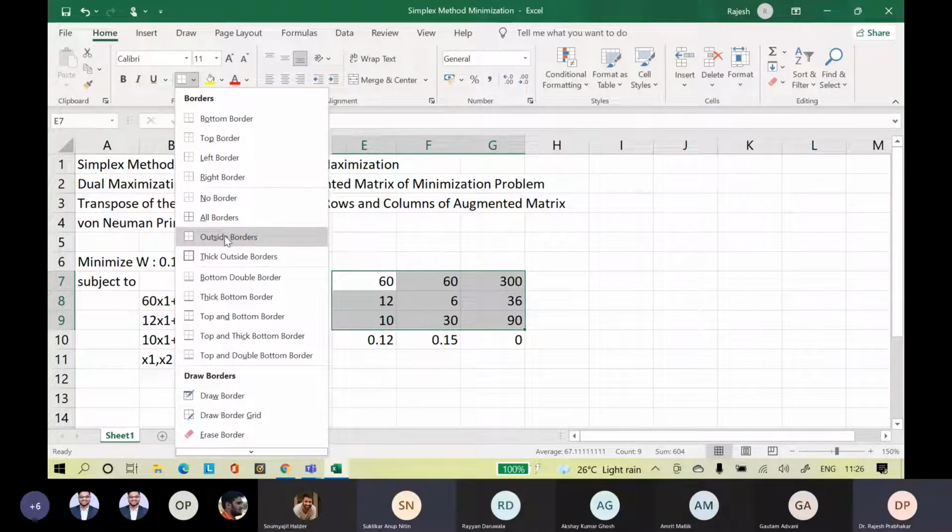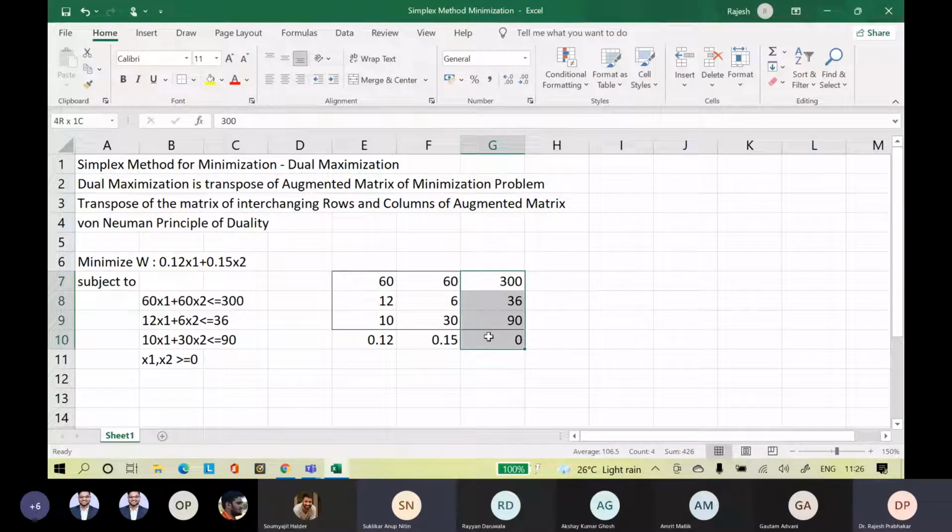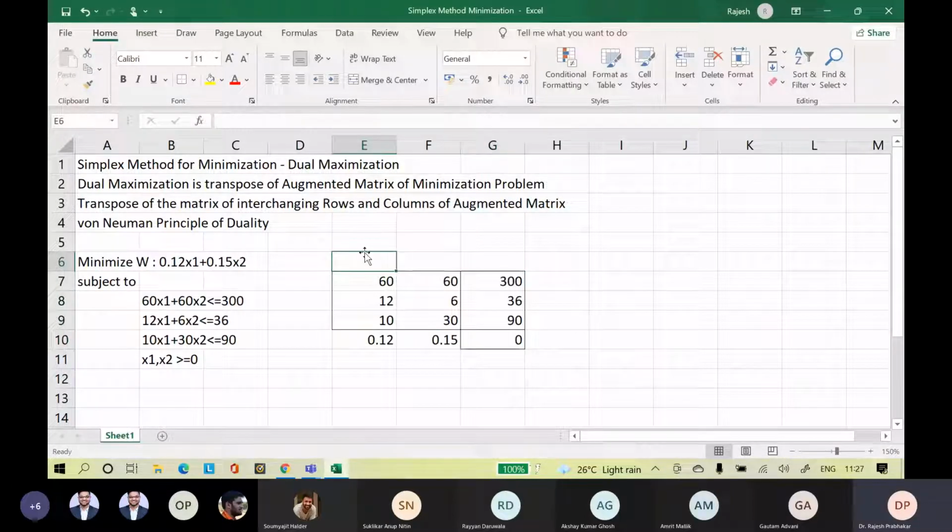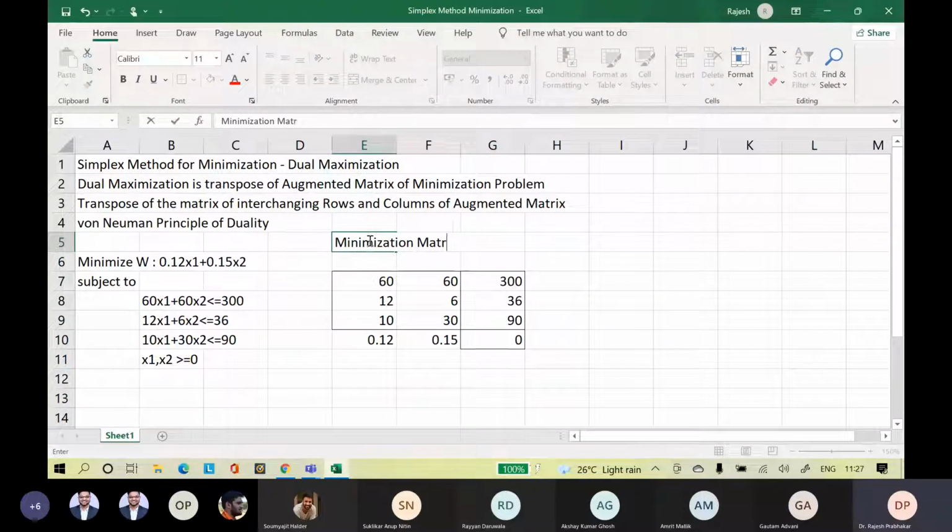Sir, can we write it in the maximization format, or do we have to write it in this format only? It is the minimization problem, which needs to be converted into a maximization problem, right? So I will select this matrix, Control C. So this is our actual minimization matrix.